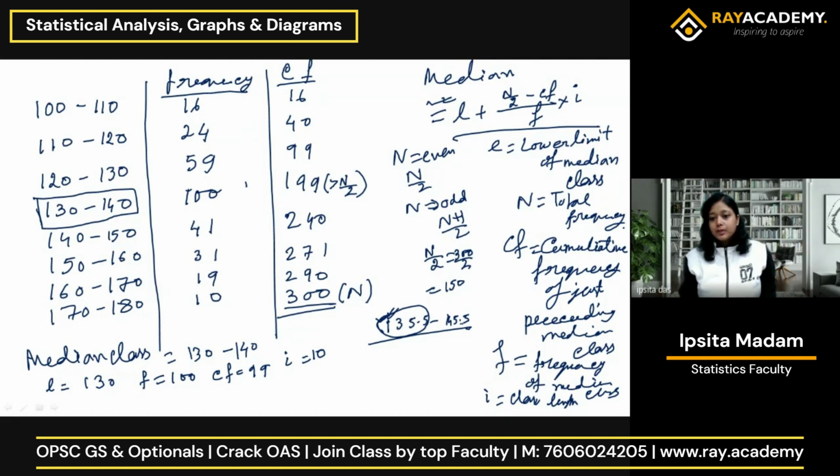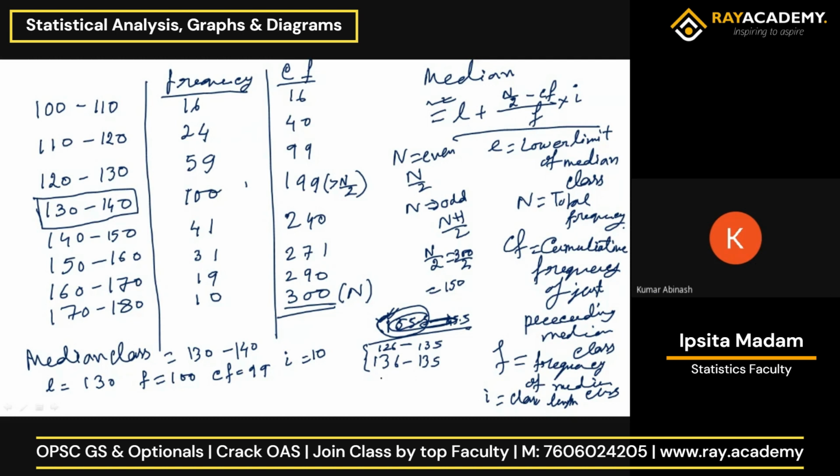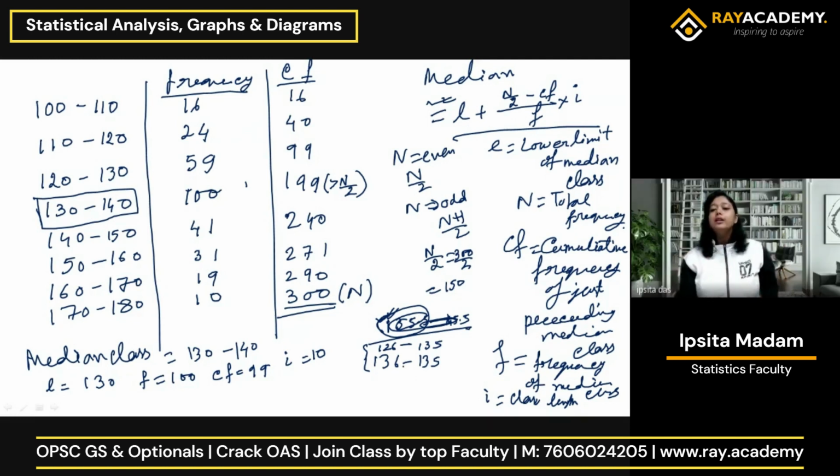Suppose you have a discrete class like 126 to 135. Our first step is to convert it to a continuous class, that means 125.5 to 135.5.